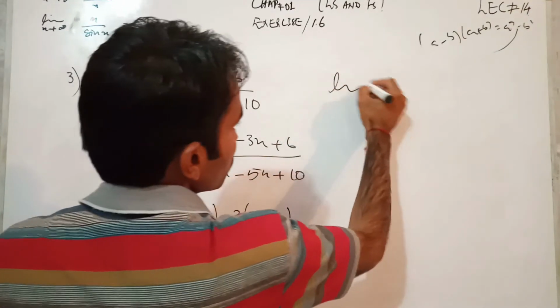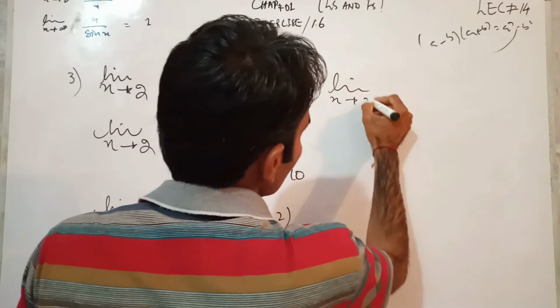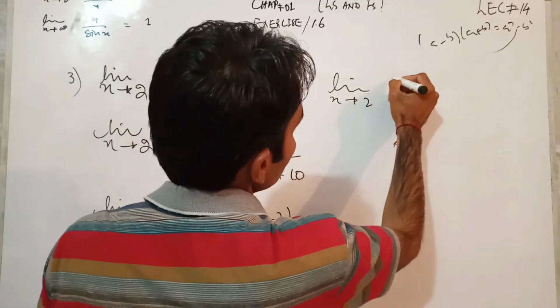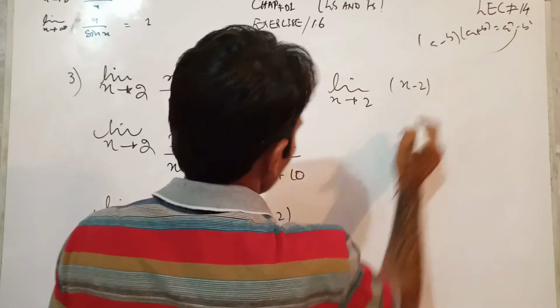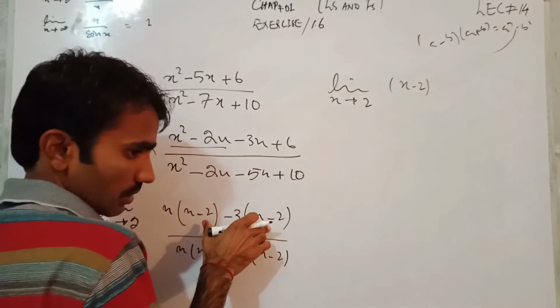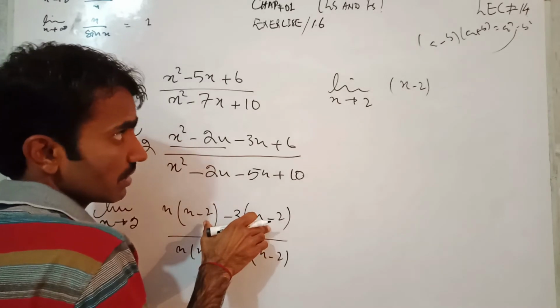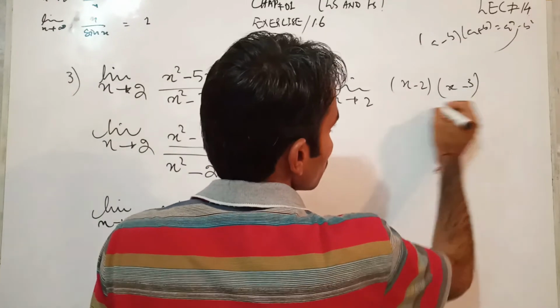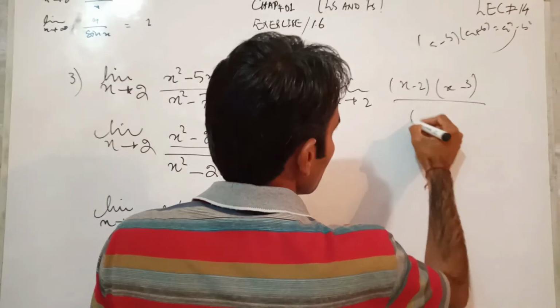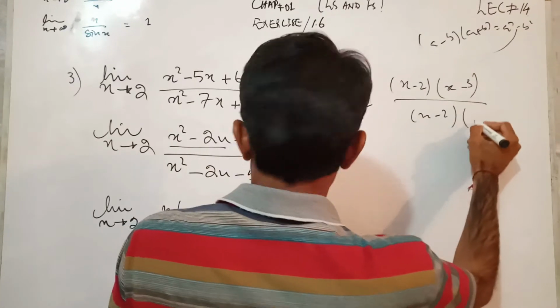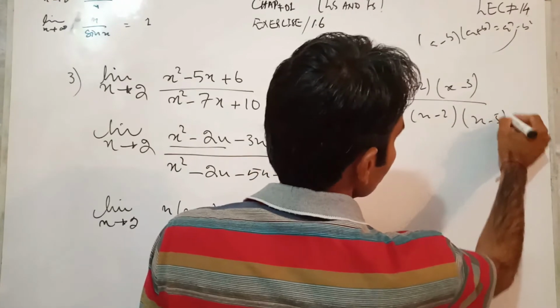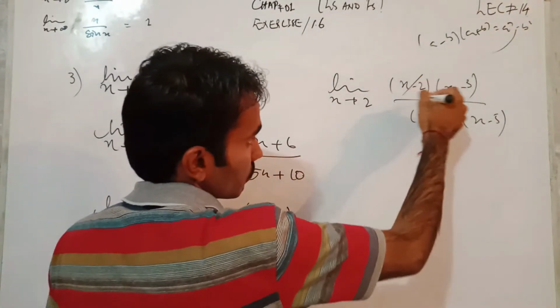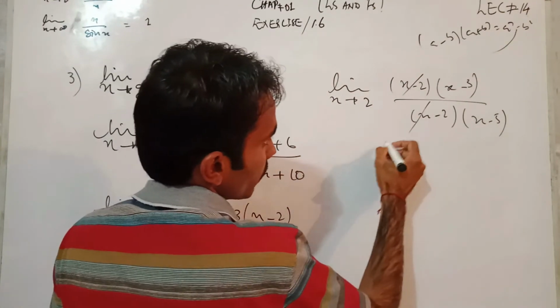So limit x approaches 2, x minus 2 and x minus 2. If we have two brackets that are the same, they give 1. We get x minus 3 divided by x minus 5. These cancel out each other, and we have x minus 3.